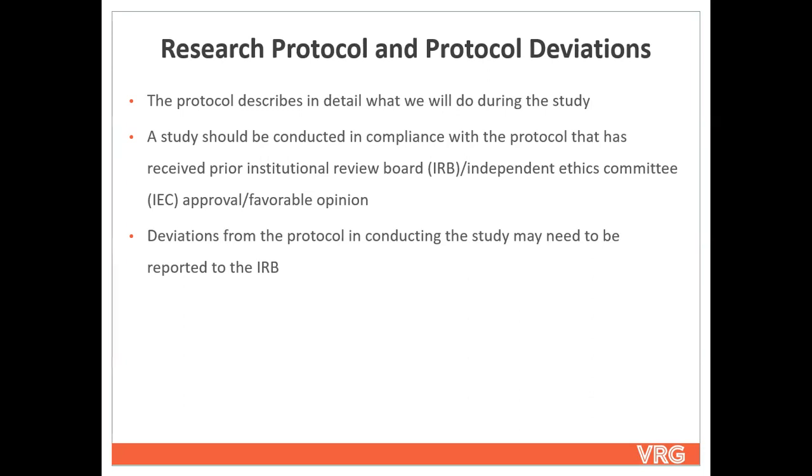Protocol deviations could be major or minor, and we'll talk about that in a second. And some of them, or most of them, might need to be reported to the IRB. Again, the IRB is the institution that oversees all research and has to make sure that patients are safe in the study. So they, of course, want to know if you deviated from the protocol that they approved the way they did.